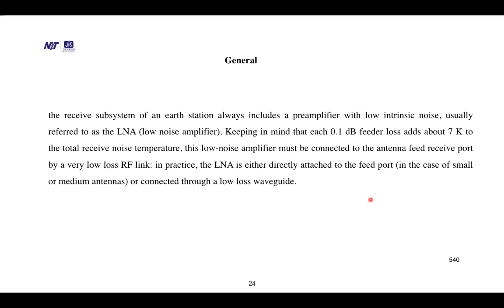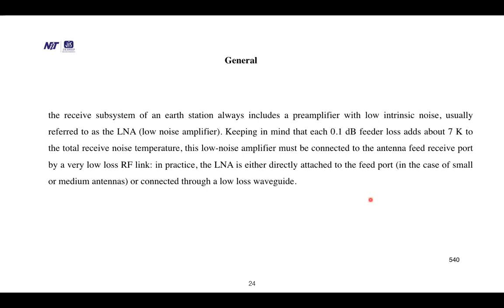Now, why low noise amplifier? That should be detailed. As we know from our electronics background, an amplifier always amplifies a low signal to a corresponding high power signal, but at the same time, due to the non-linear behavior in the semiconductor and the associated circuit parameters, they influence it so that not only the signal is amplified but it also picks up some noise from the surroundings, some inherent, some associated noise that is inserted in the signal, and that is also amplified at the time of amplification of the signal.